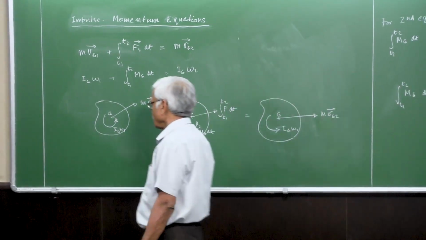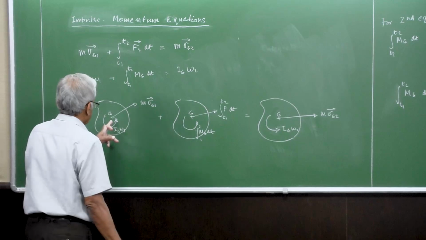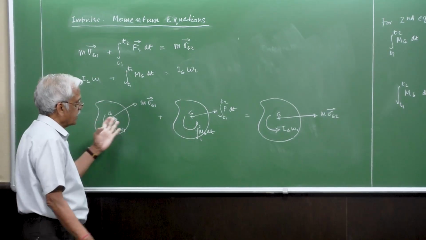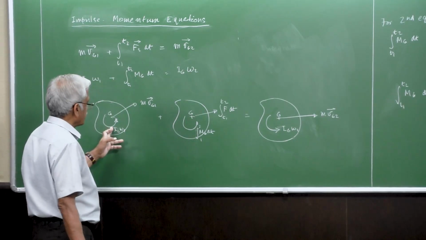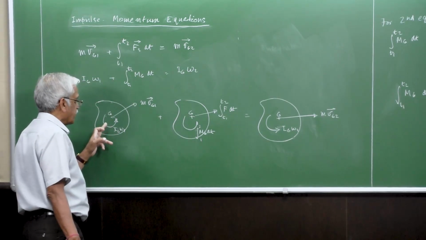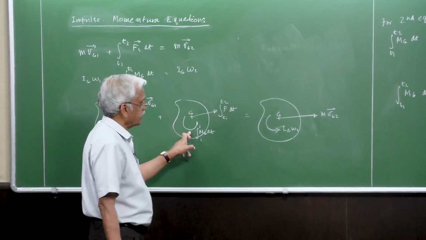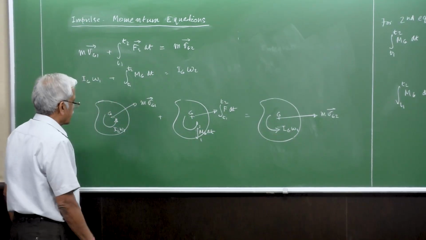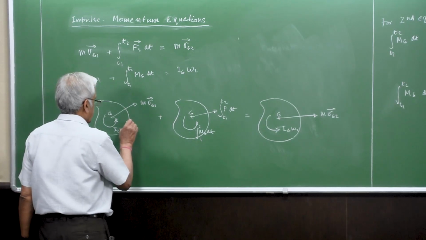It also says that you can equate the moment of this I_G omega 1 about G and this M dt about G, or we can even take some other point, A or something like that.